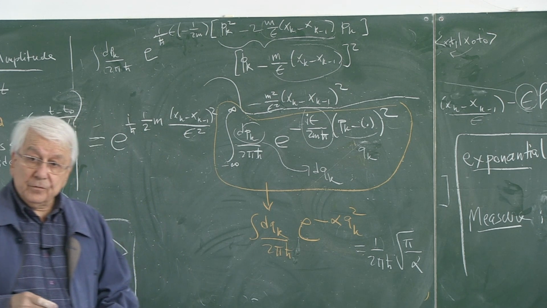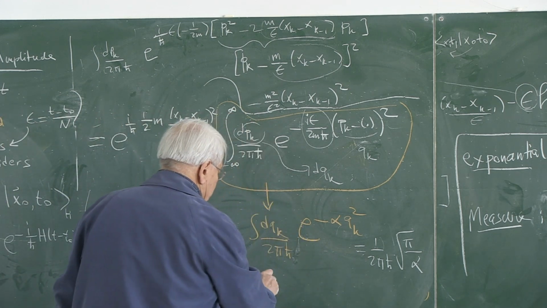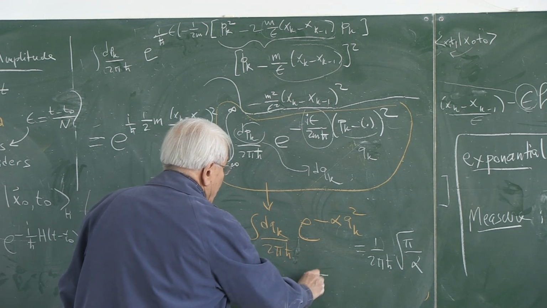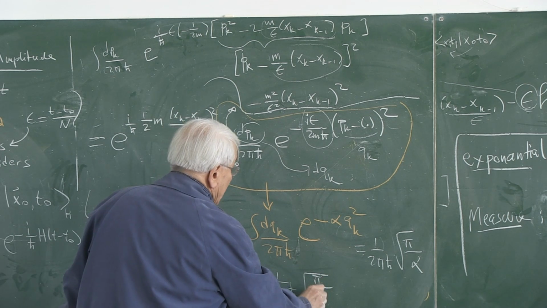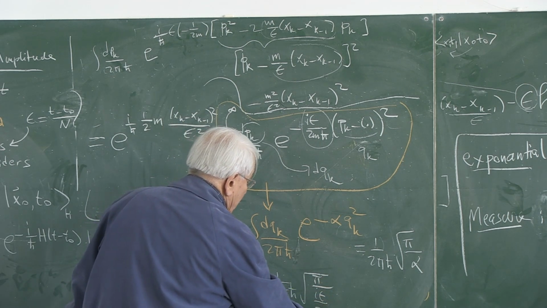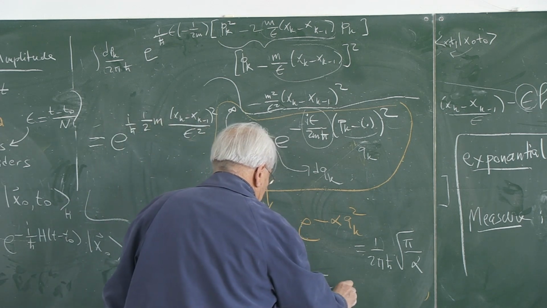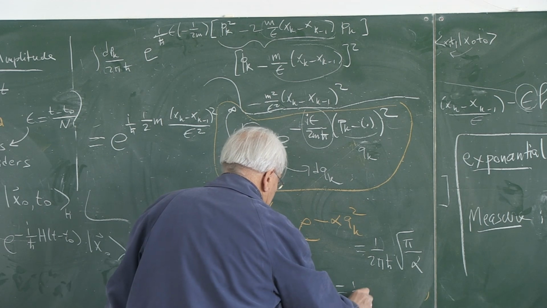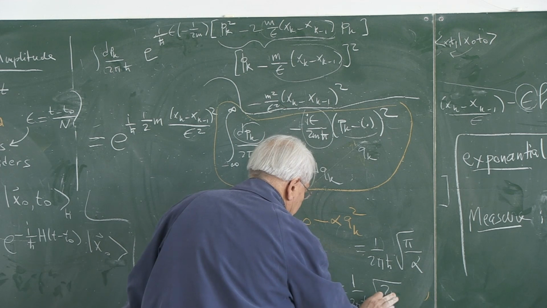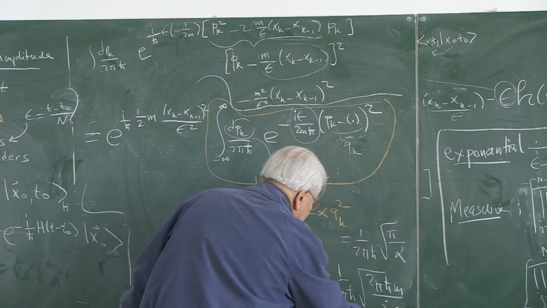Alpha is that coefficient. So let's substitute everything together now. What is it? 1 over 2 pi h bar times pi over alpha. Alpha is i epsilon divided by 2m h bar. Okay. So 1 over 2 pi h bar times 2 pi h bar m divided by i epsilon.